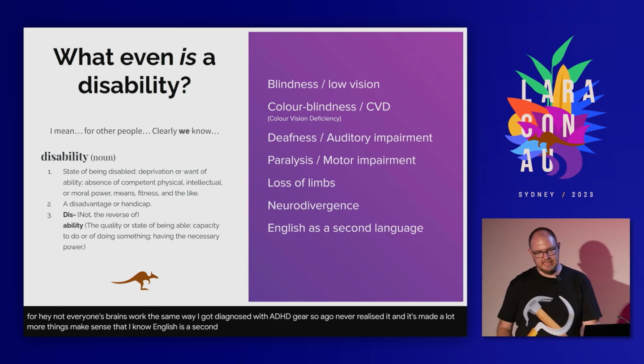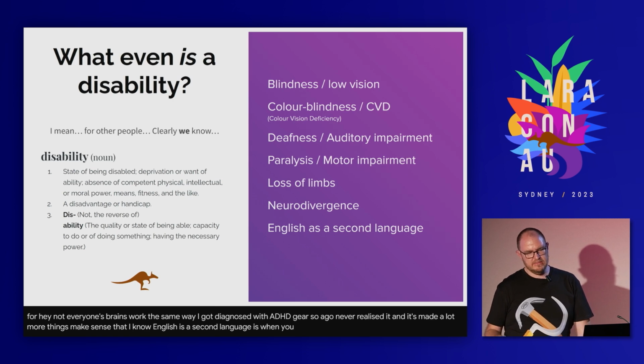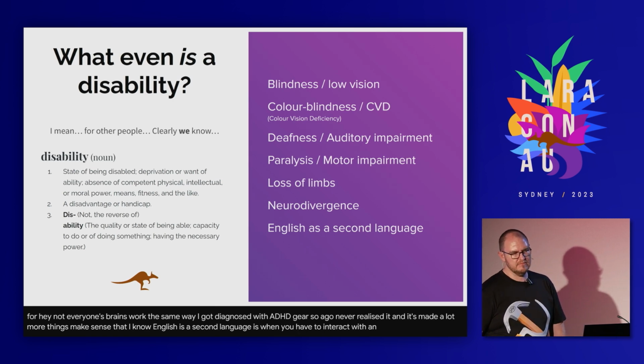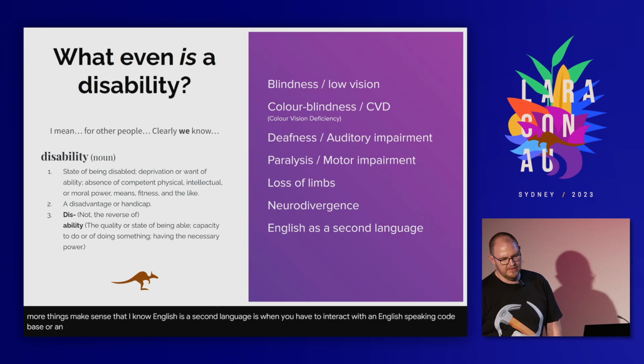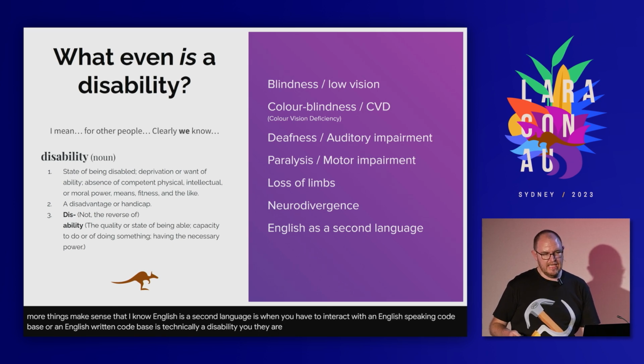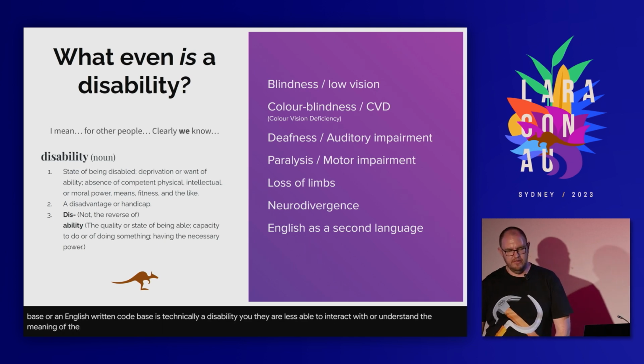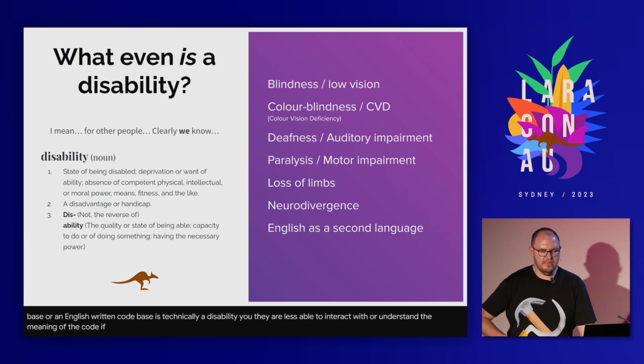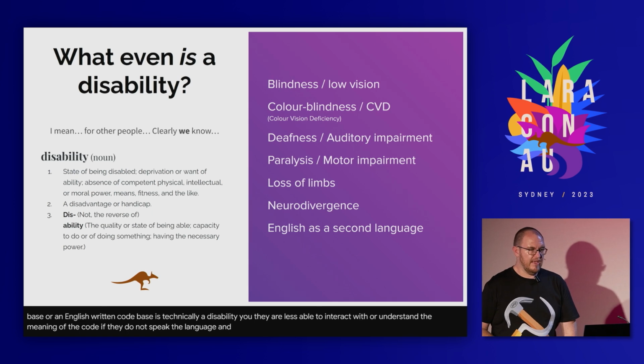English as a second language is when you have to interact with an English written code base, which is technically a disability. They are less able to interact with or understand the meaning of the code if they do not speak the language. And I've had this in reverse.